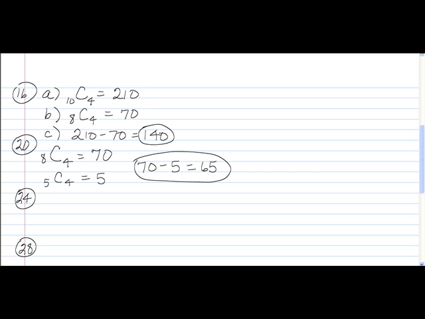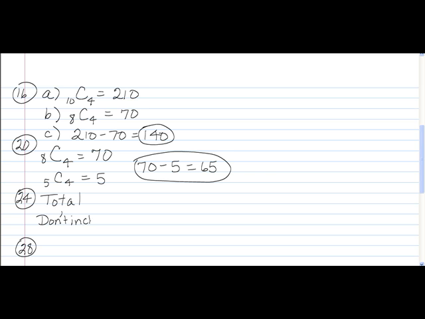Okay. Number 24. A committee of 4 faculty members will be selected from a department of 25, which includes Professors Fontana and Spradley. In how many ways could the committee include at least one of these 2 professors? So again, we want to do the total, the ones that don't include those 2.